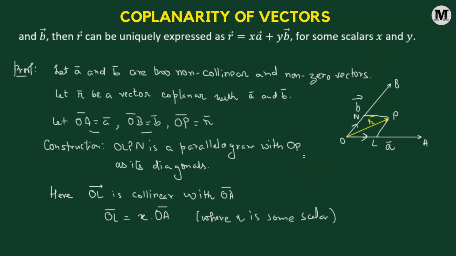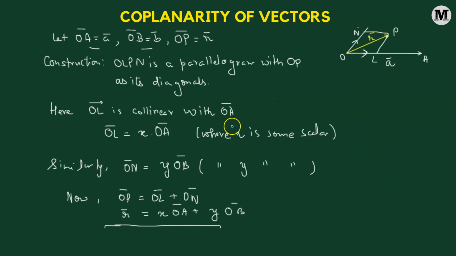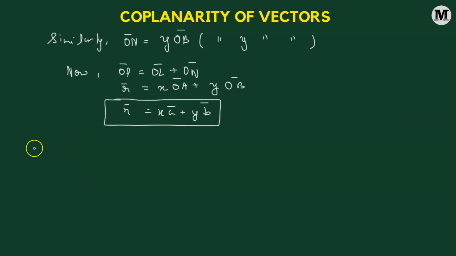However, when we go back to the theorem, there's a particular word used. It says that it is uniquely expressed. So let us assume that it is not unique. Suppose we use a contradiction here. Suppose our vector is not unique, and let's say it is represented by x1 A vector plus y1 B vector.